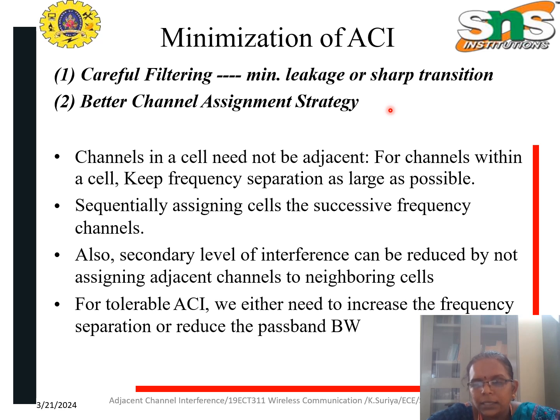By sequentially assigning the cells, successive frequency channels can be avoided with adjacent cells. We can maintain a certain distance between the cells. Also, secondary level of interference can be reduced by not assigning adjacent channels to neighboring cells. For a tolerable adjacent channel interference, we either need to increase the frequency separation or reduce the passband bandwidth.